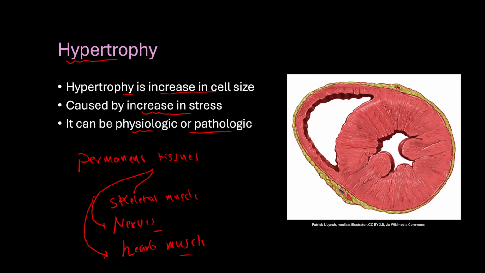This will require the heart to pump blood with a higher pressure, and the heart is a permanent tissue, meaning it cannot divide, so it cannot undergo hyperplasia, meaning it will grow only by hypertrophy to provide the strength needed to push the blood against the high peripheral vascular resistance, or maybe against a stenosed aortic valve. In this picture here, you can see hypertrophy of the muscle of the left ventricle in the heart. The right ventricle here looks normal.